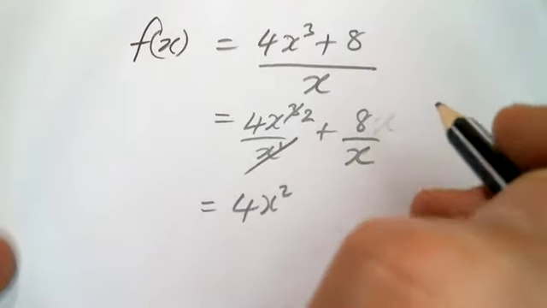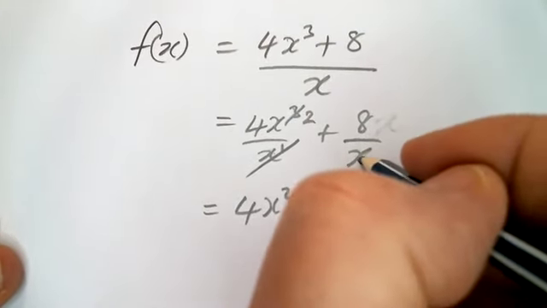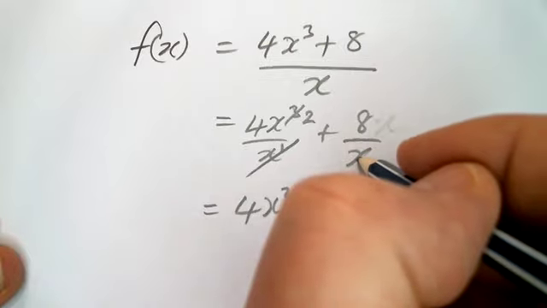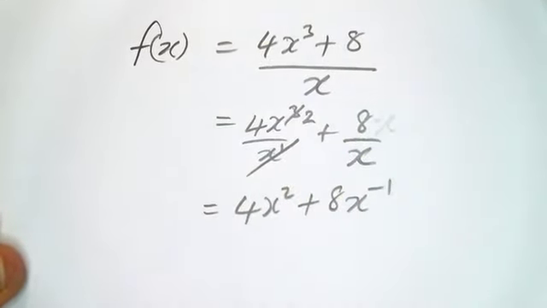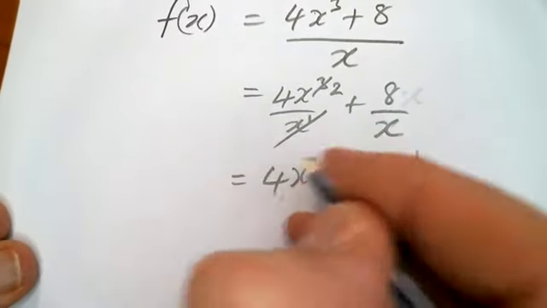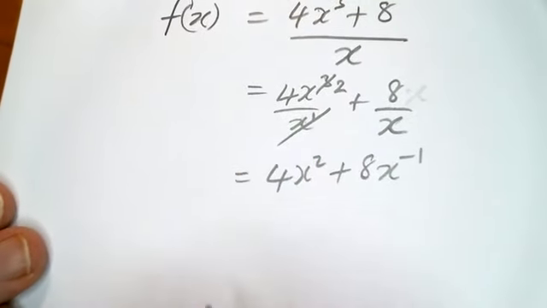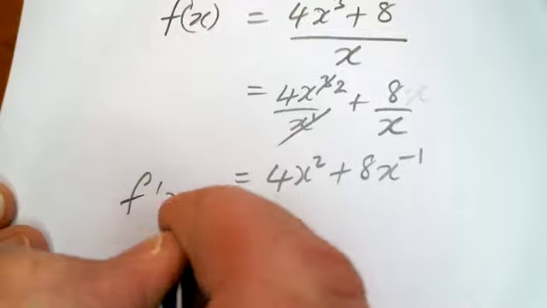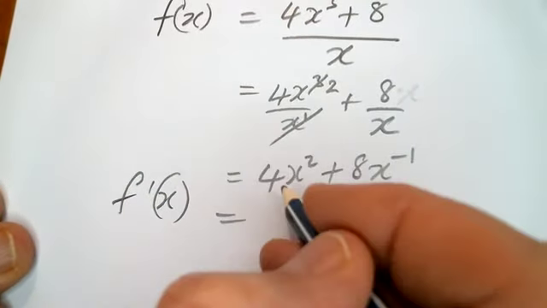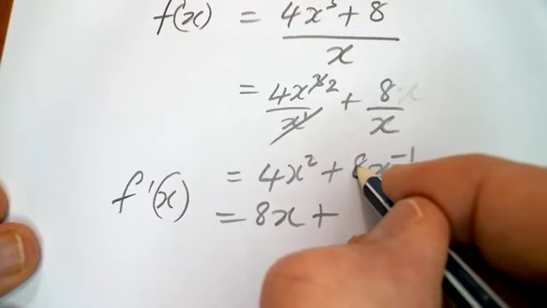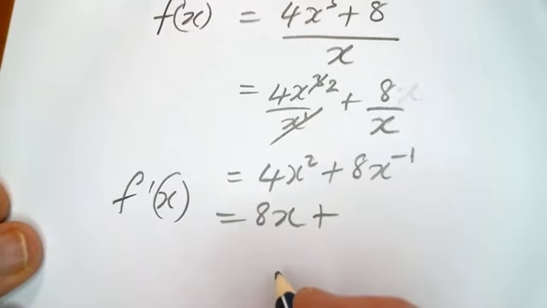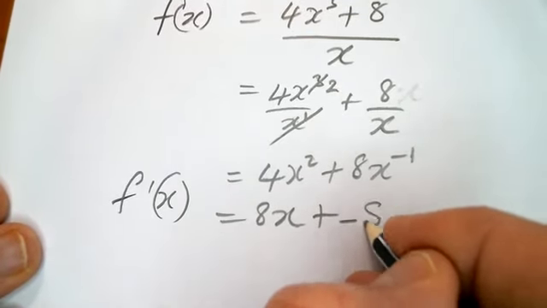Now, if an x is on the bottom, it's really a negative 1. So this is going to be plus 8x to the negative 1. So now I've got this in the correct form. I can go ahead and differentiate. So f prime x is equal to 2 times 4 is 8x, plus negative 1 times 8 is negative 8.